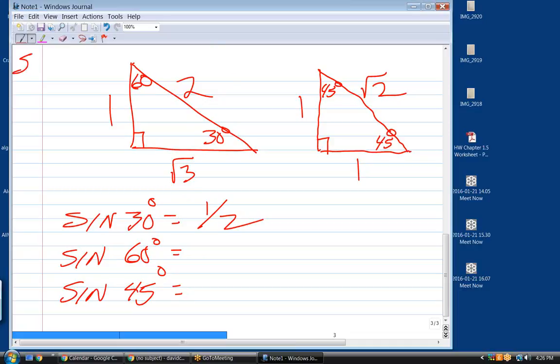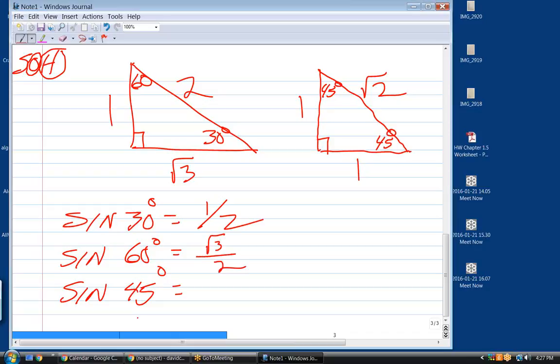That's the opposite side over the hypotenuse. So what's the sine of 60? No, 1 over 2 was the sine of 30. 1 is the opposite to the angle 30. What's the side opposite the angle 60? Okay, square root 3 over 2.